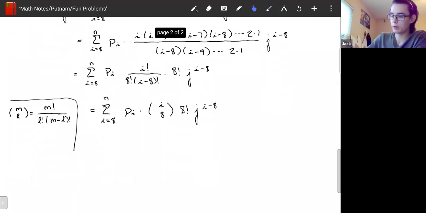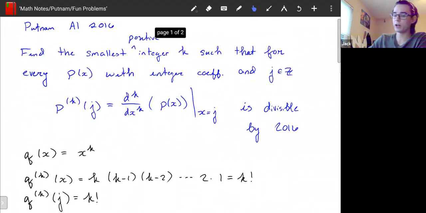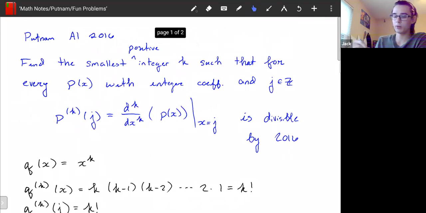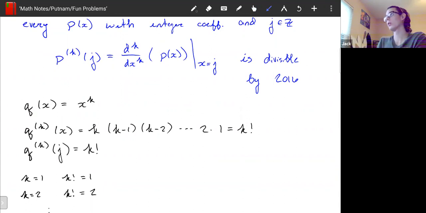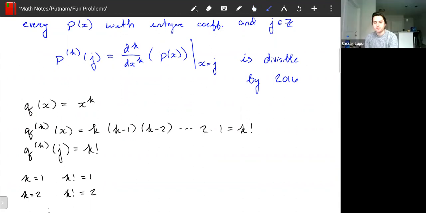So each coefficient here is divisible by 2016, which means the entire sum will also be divisible by 2016. And we're done. So k equals 8 does satisfy this property, and for any k less than 8, we have a clear counterexample, being our constructed q of x. Yep, very nice.